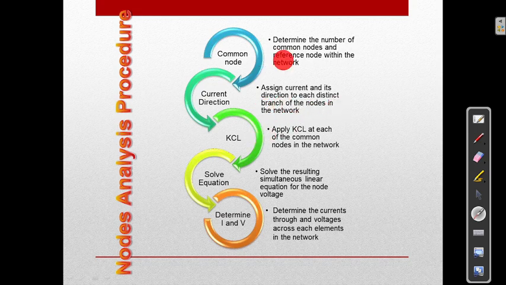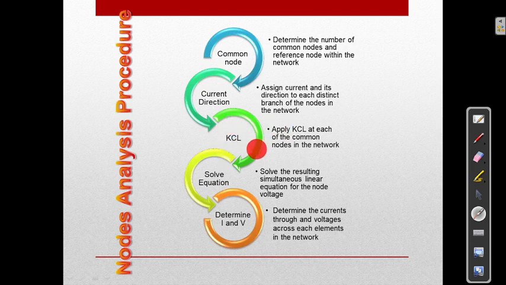First, we determine how many common nodes there are. Then we determine the current direction, because according to this current flow we will get the particular sign, whether it is positive or negative. So we have to assign the current a direction.